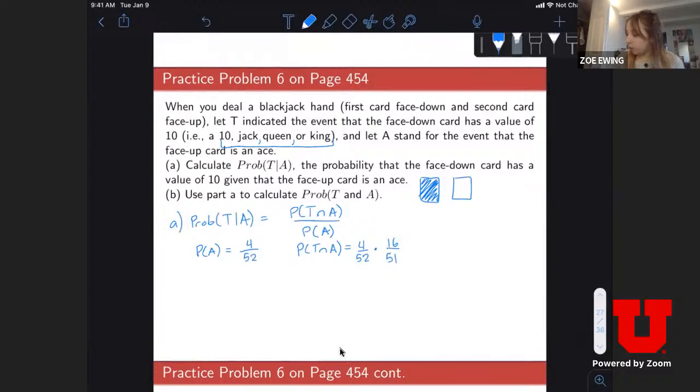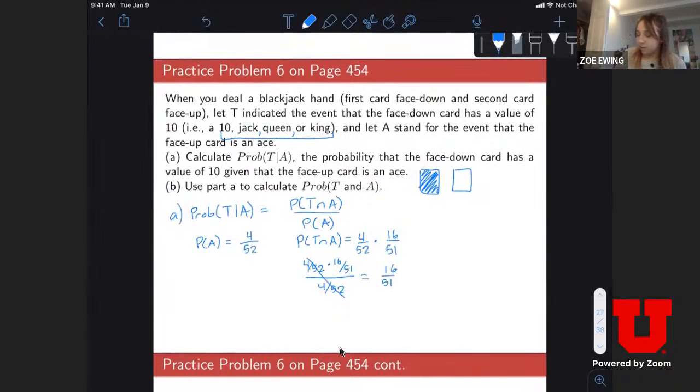So then when we put these over each other, we'll have 4 out of 52 times 16 over 51, over 4 out of 52. And these cancel out, so we end up with 16 over 51.